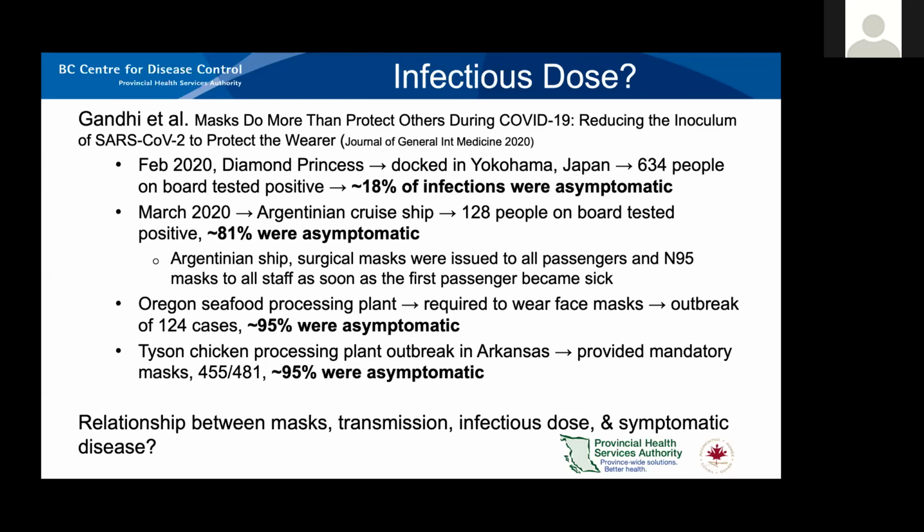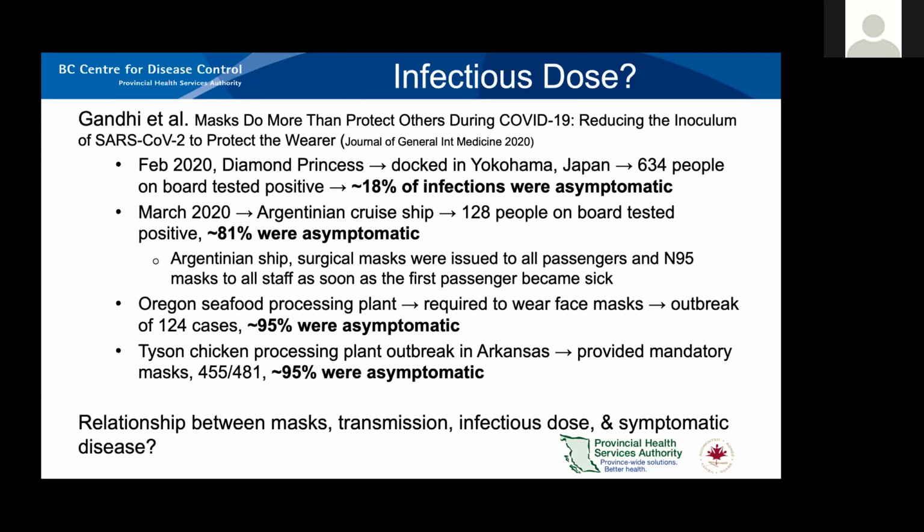Similarly, there had been studies in the Oregon seafood processing plant where they were required to wear masks, and most of their infections were asymptomatic. Same thing for the Tyson chicken processing plant.